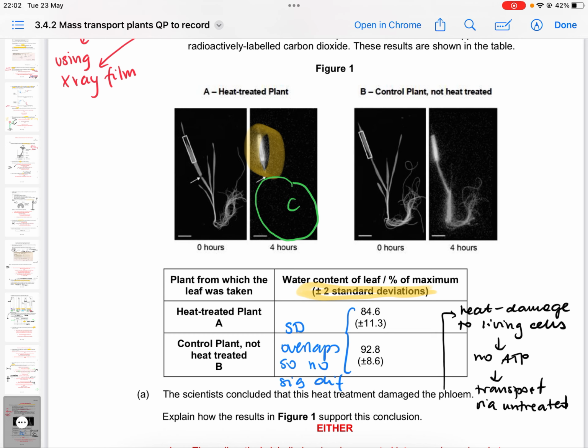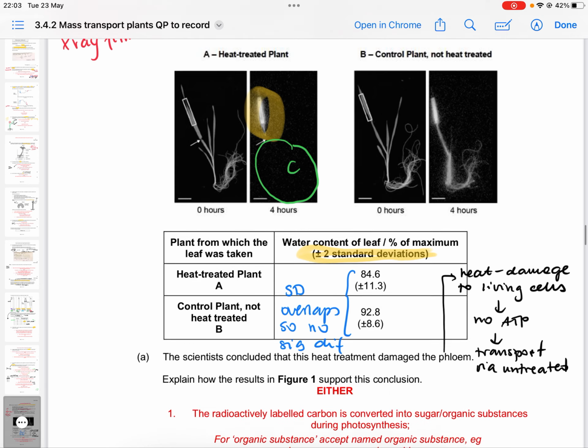Sucrose is the one that's transported around the plant in living cells. So phloem is obviously made of living cells, and heat will damage them. So again, like in the previous question, there are no mitochondria, so no ATP. And obviously, transport of the sugars, of the sucrose, does happen by active transport. And if that has been damaged, we would not expect to see much of the transport.